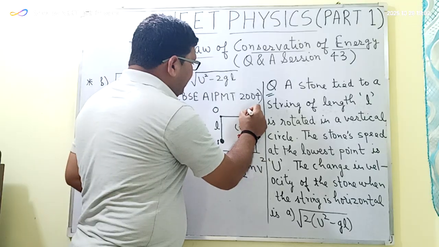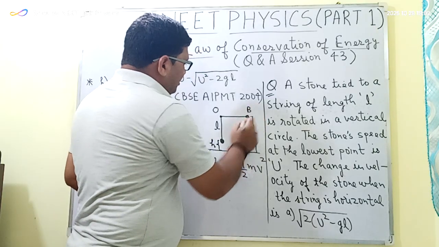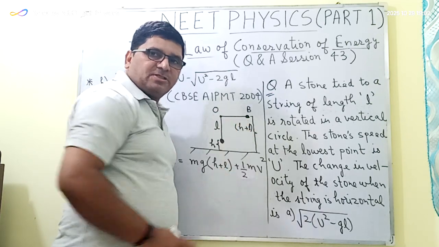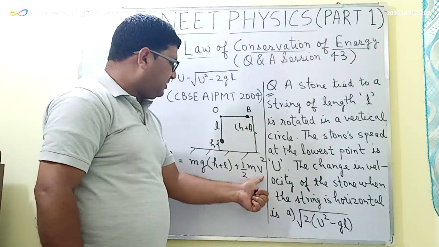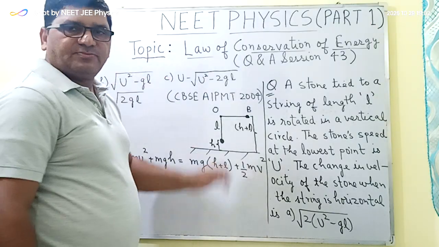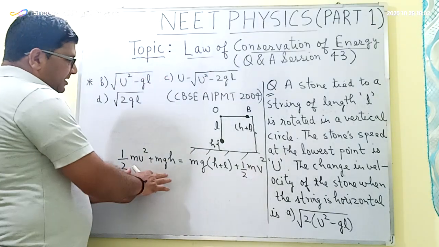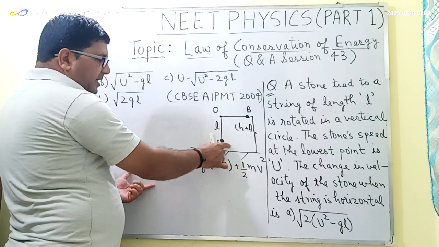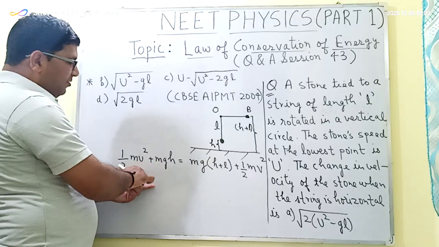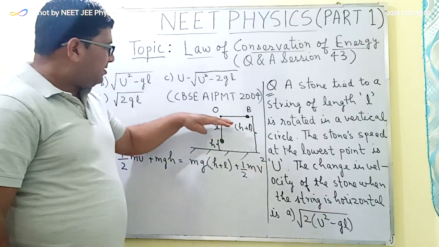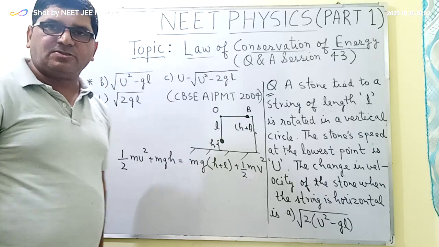Let us say this is the point B. So when the stone reaches this point B, or you can say when the string is horizontal, its velocity has been taken as v, and here small m is the mass of the stone. So the total energy at the lowest point should be equal to the total energy at the point B, which is the point when the string is horizontal.